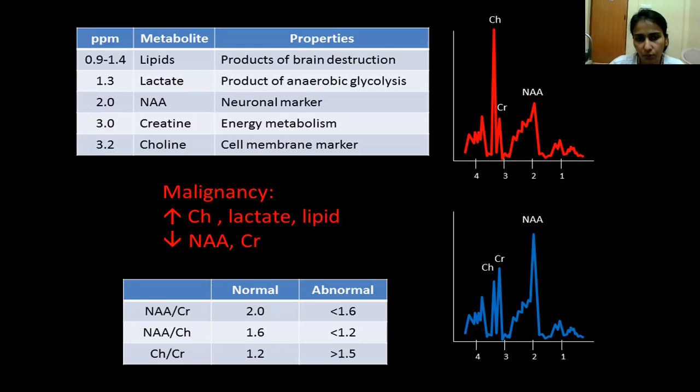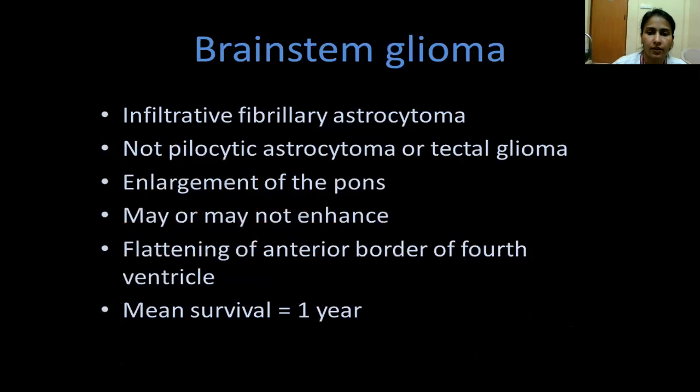If it is less than 1.6, it is considered abnormal. Then the NAA and choline ratio is normally 1.6, and if it is less than 1.2, it is considered abnormal. The choline to creatine ratio is normally 1.2, and if it is more than 1.5, it is considered abnormal. That means there is a choline peak, for example, in our case.